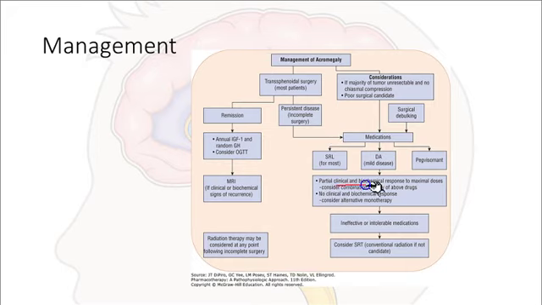Somatostatin analogs are far more effective than dopamine agonists, and they reduce growth hormone concentration and normalize insulin-like growth factor 1.